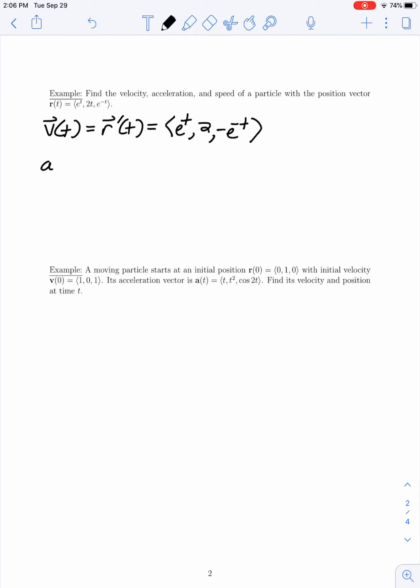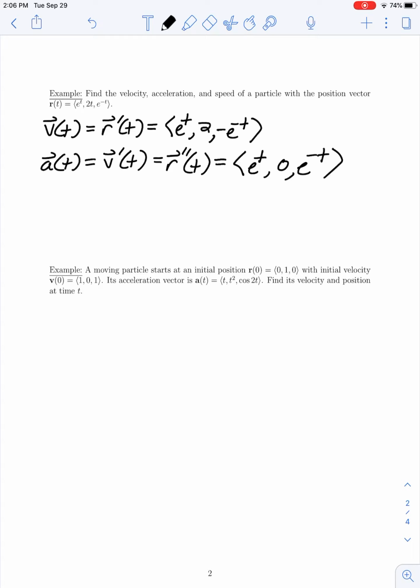For the acceleration vector, a of t, we would be differentiating the velocity vector, or equivalently, taking the second derivative of the position function, which would give us e to the t, 0, e to the negative t.